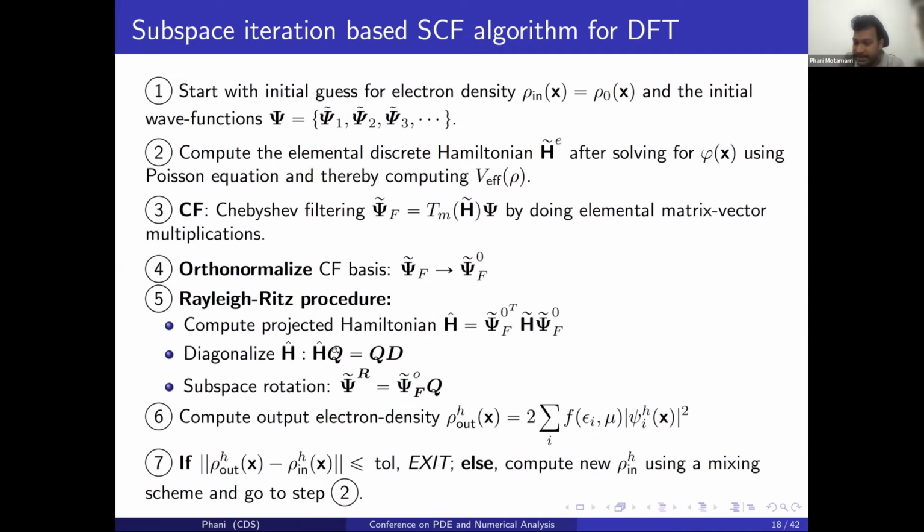You diagonalize the projected Hamiltonian, and then you do a subspace rotation to recover the eigenvectors in the original space, and then you compute the electron density using these rotated eigenvectors. This is usually called subspace rotation in the numerical linear algebra community. These steps are repeated till your electron density converges in the self-consistent field iteration. The most computationally expensive parts of this procedure are the Chebyshev filtering, orthonormalization, and the Rayleigh-Ritz procedure.